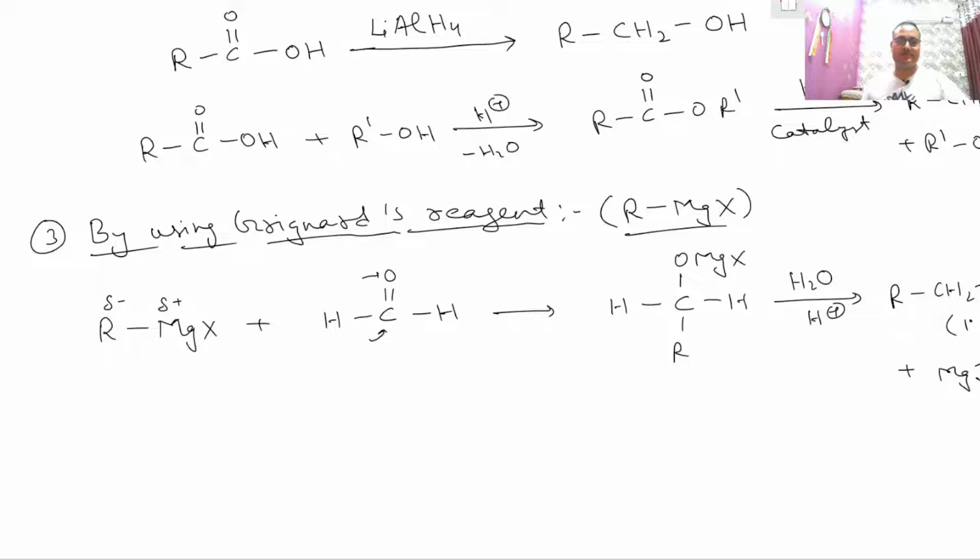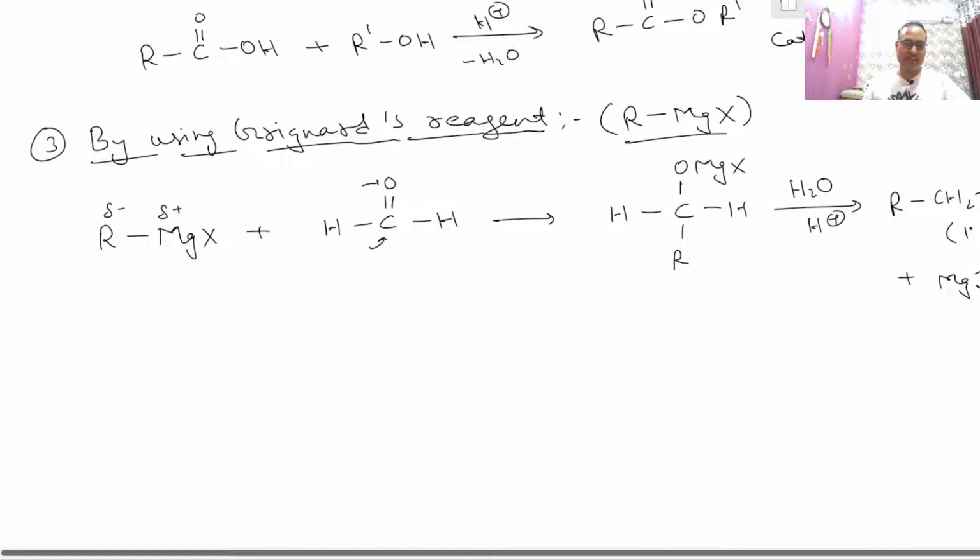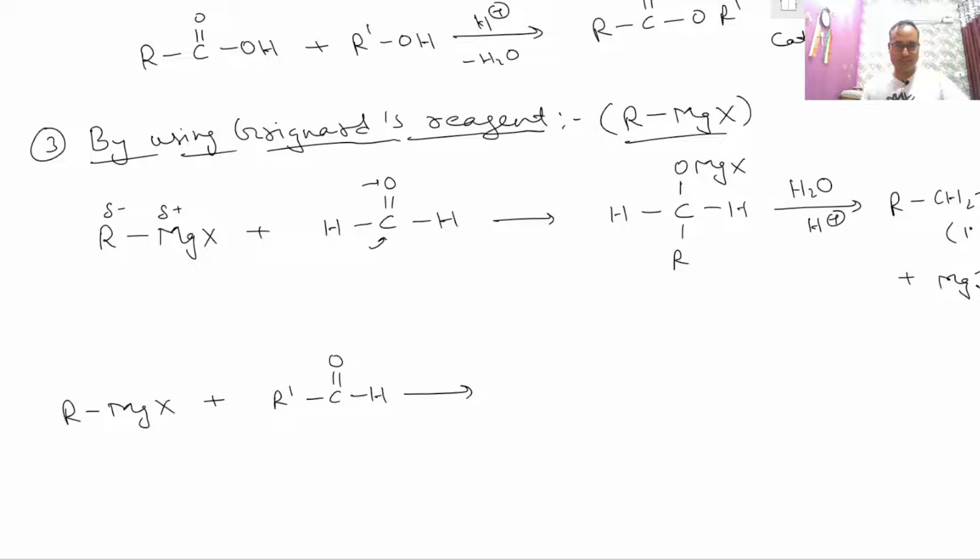Suppose we have any other aldehyde except formaldehyde. Let it be R' C double bond O H. Now in that case the addition product formed would be R' C O MgX.